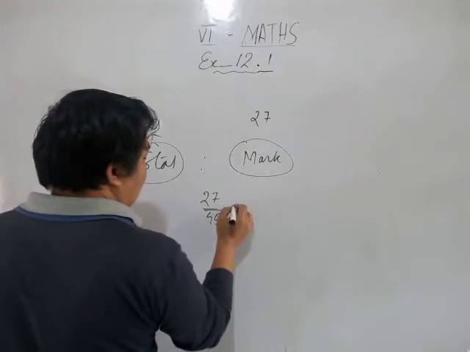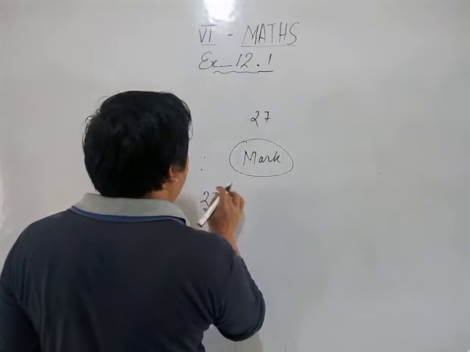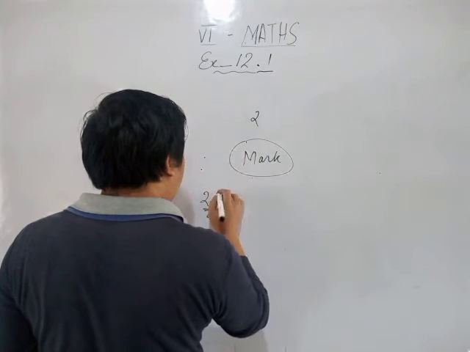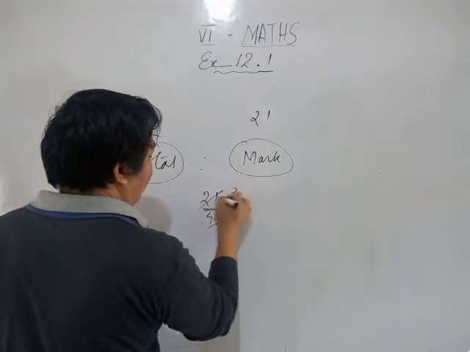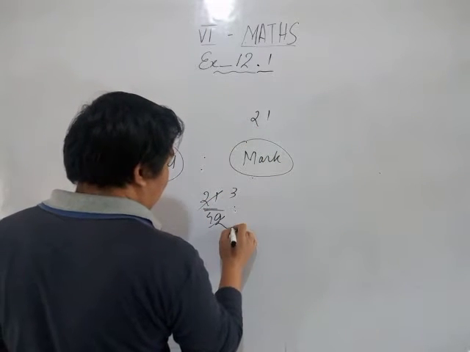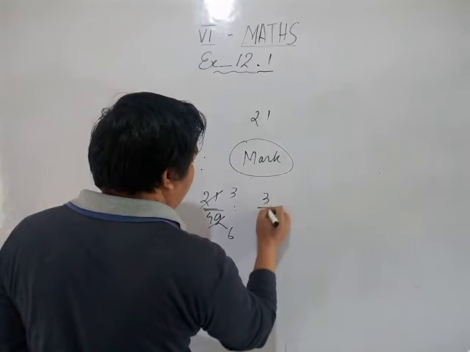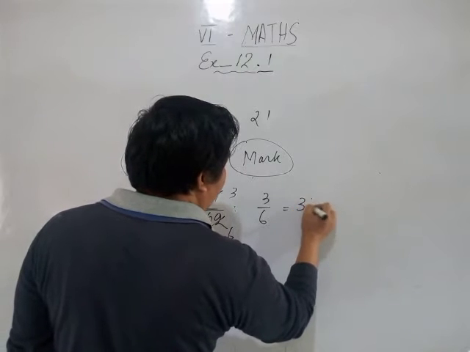So this comparison can be turned into 21 by 42. That means 7 3s are 21 and 7 6s are 42. So now this can be written as 3 by 6, which can be written as 3 is to 6.